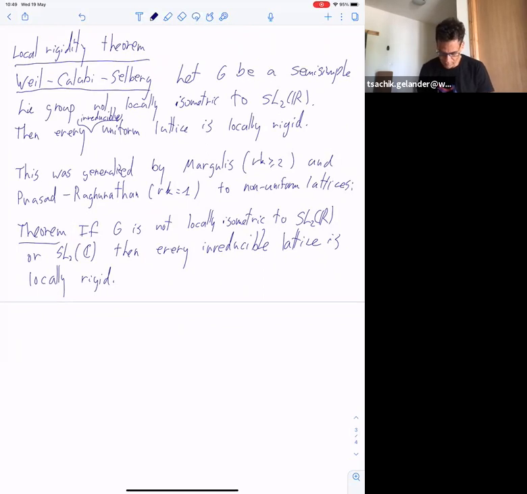Remark: uniform lattices in SL2C are locally rigid, but non-uniform lattices in SL2C are relatively locally rigid.